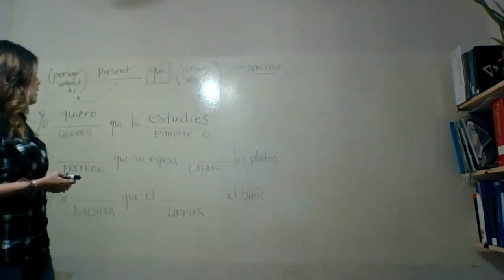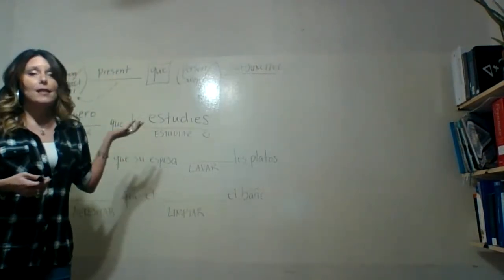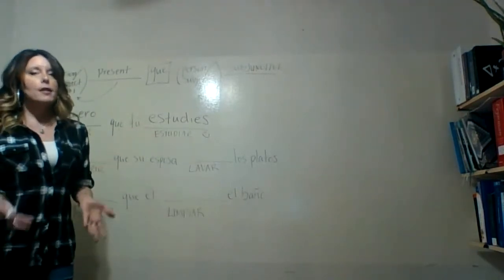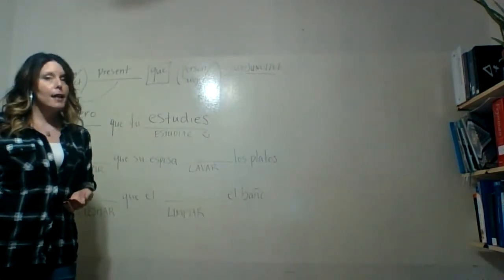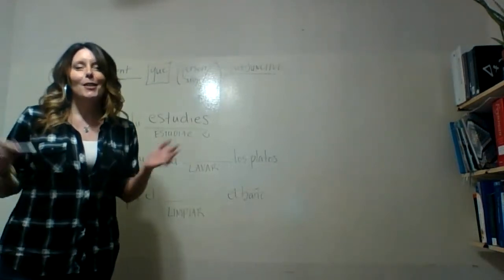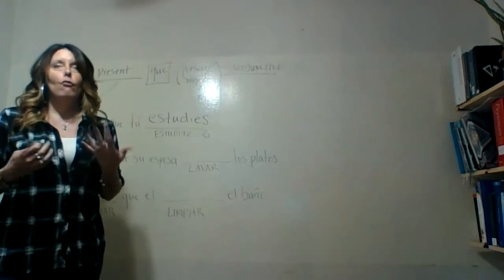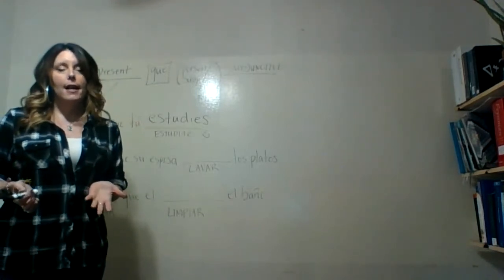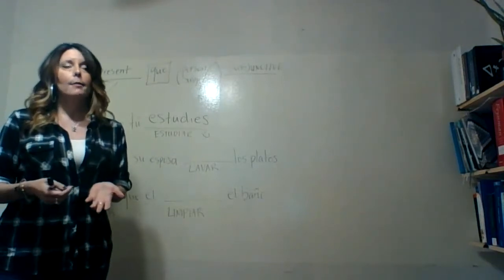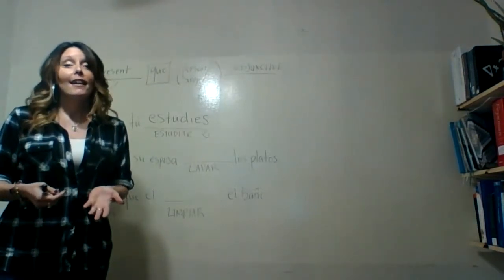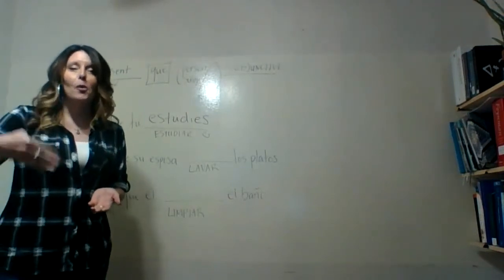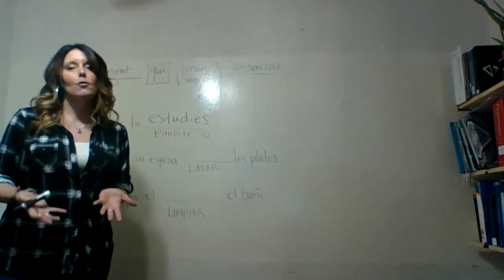So even though our very first sentence in the subjunctive sounds weird, and it sounds like I want that you study, you can hopefully see by this semi-brief explanation that it is the only way that we can do it, and that in real life we would probably say, hey Bob, I want you to study. And in Spanish we would say, hey Bob, yo quiero que tú estudies, and that will be our subjunctive sentence.